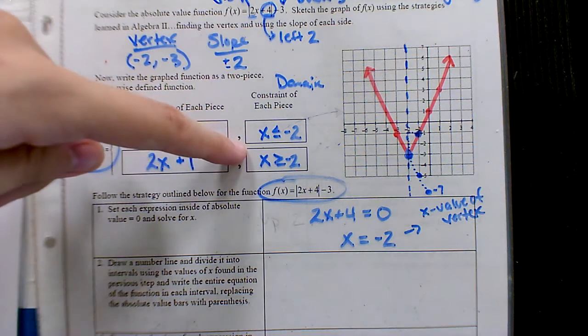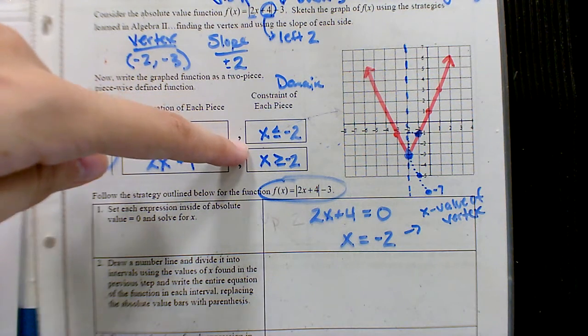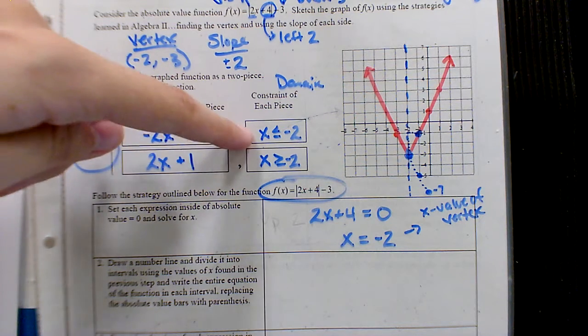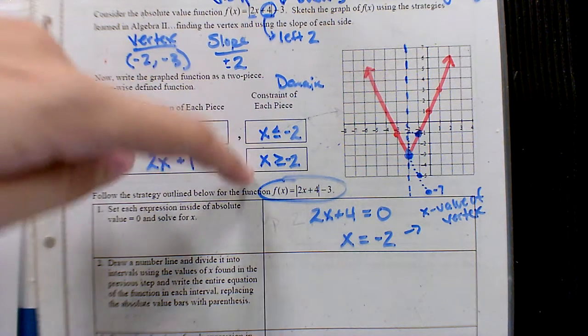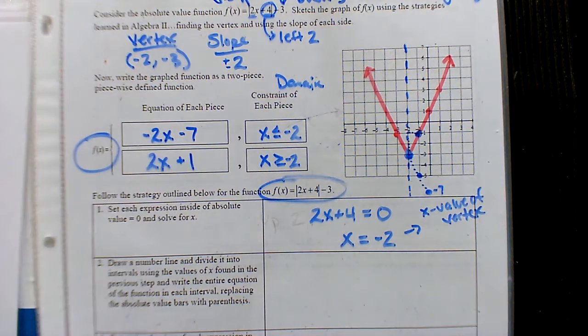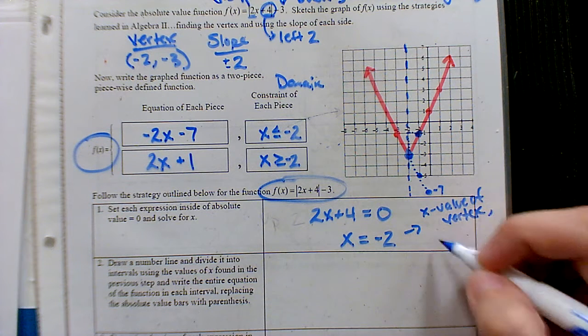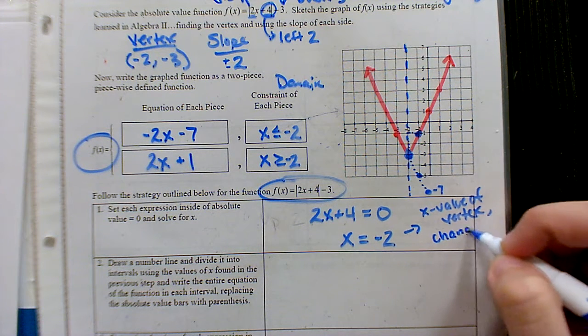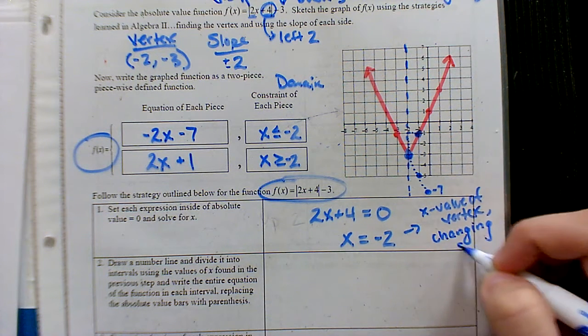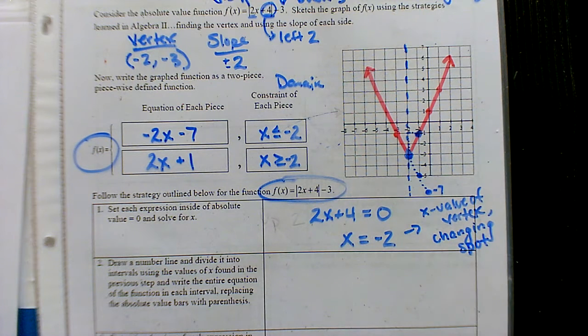And Marie kind of also mentioned something about a changing point. Did you say that too? Okay, so notice how that's where the first piece ends and the second one begins. So it's the value of the vertex. You can also say changing spot, maybe. So that value is pretty important for us to know.